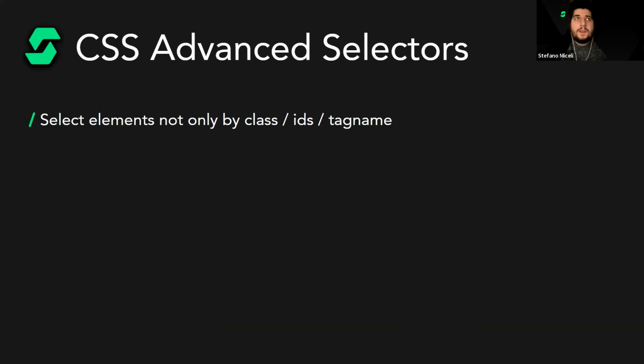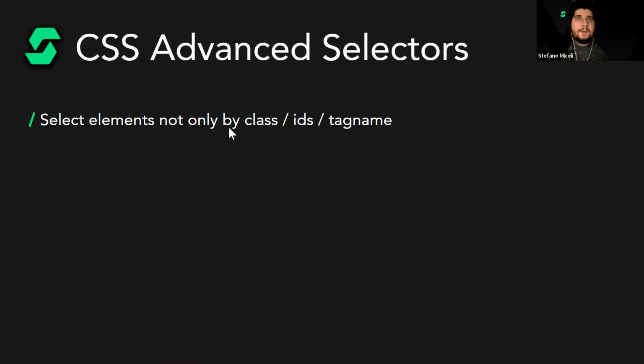Maybe that HTML you cannot change, you cannot add a class name or an ID afterwards. Maybe you're dealing with something coming from outside, but with a selector, you'll be able to see if you have any class or ID in the tree, start from there, navigate inside the tree and pinpoint the exact element that you want by just using selectors.